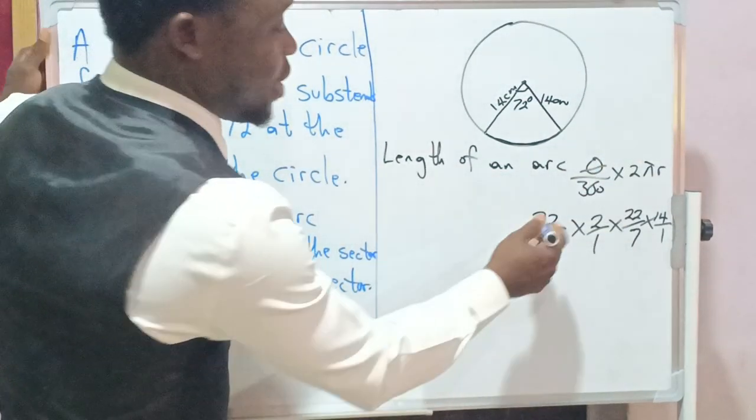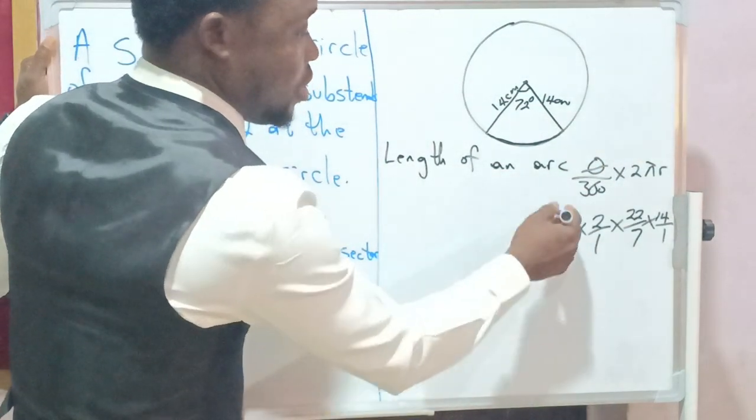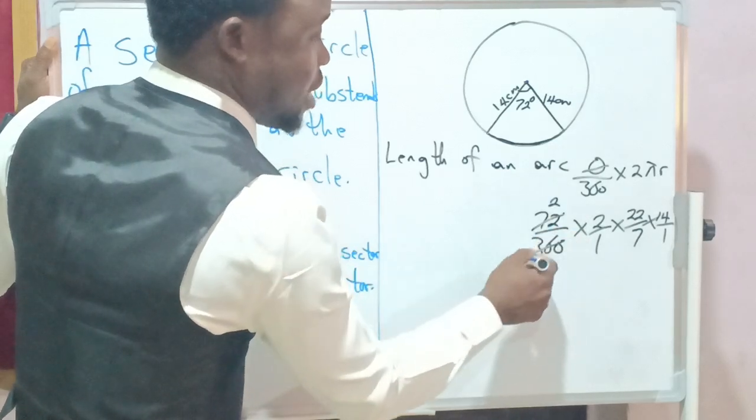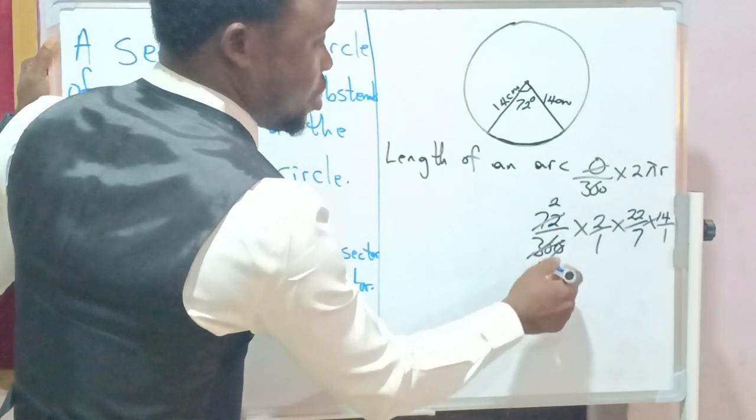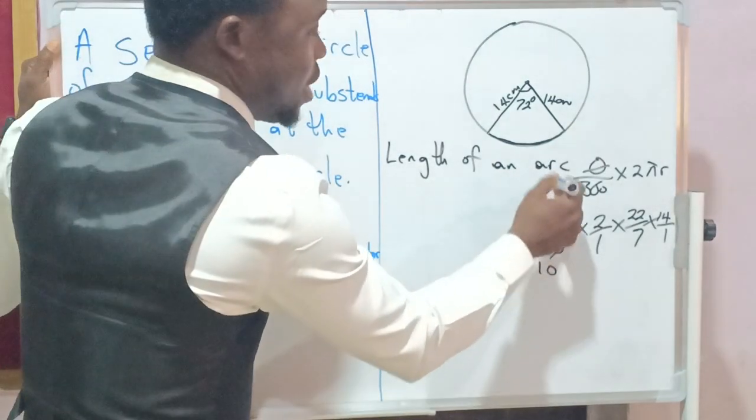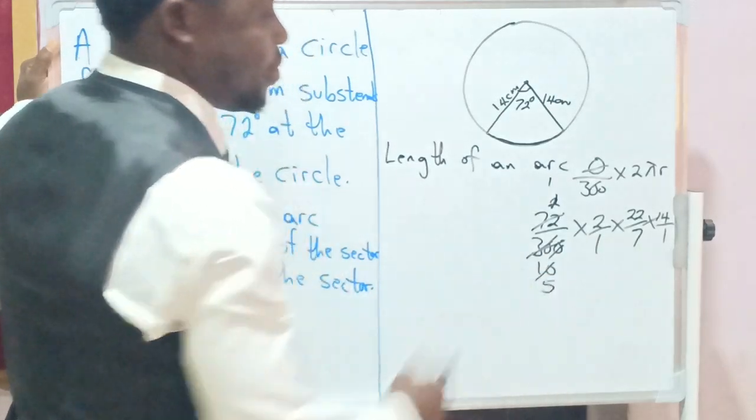So just to divide. Now if you check, 72 goes into 360 five times, and 2 can still go here 1, 2 can still go here 5.